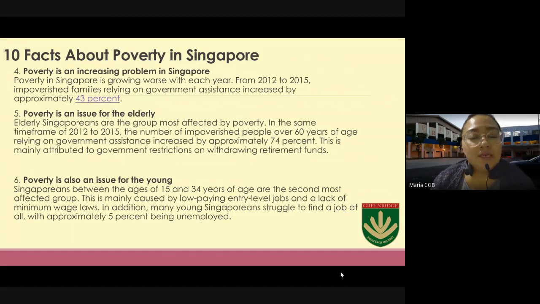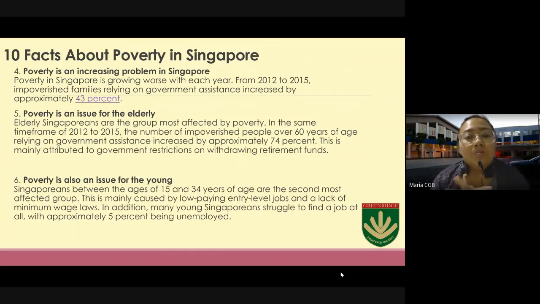Now, poverty is an increasing problem in Singapore. It's getting worse and worse each year, especially now with situations like COVID-19, this worldwide pandemic, where we see a lot of businesses folding, closing down, and we notice that the pandemic has hit the poorest the most, and poverty is an issue for the elderly and also for the young.